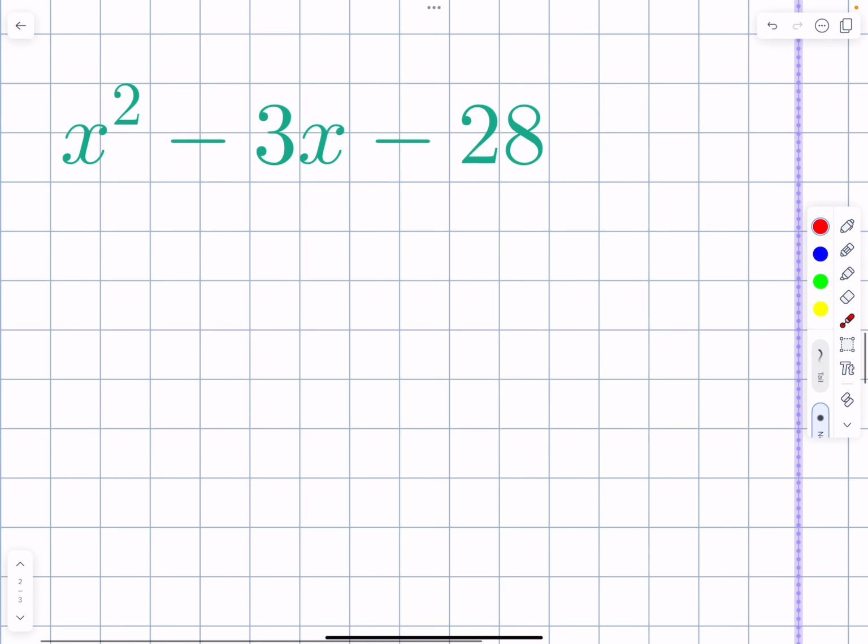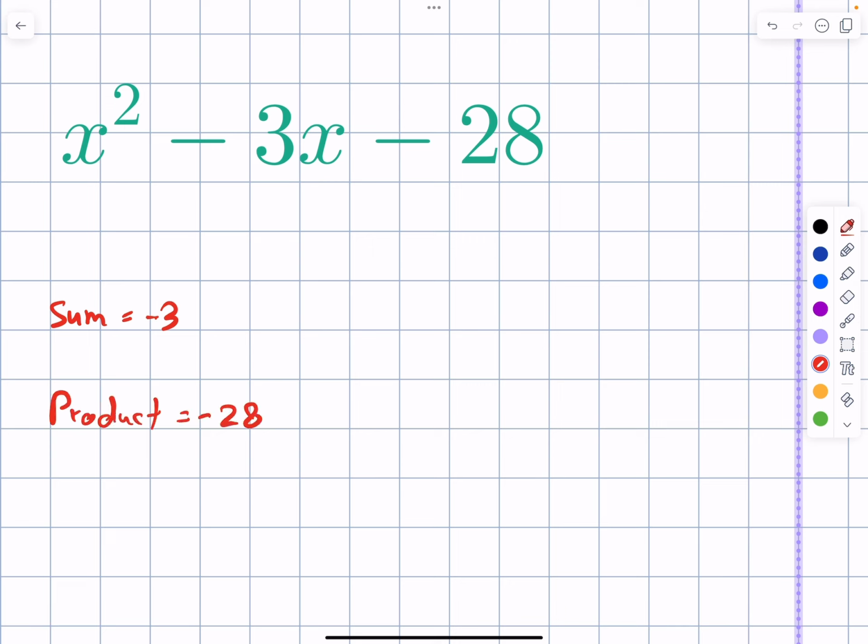Next example. Here we notice that both numbers are negative. So, two numbers sum to -3 and multiply to -28. Now, 28 can be written like this: 1 multiplied by 28, or 2 by 14, or 4 multiplied by 7. The two numbers that work here are 4 and 7.